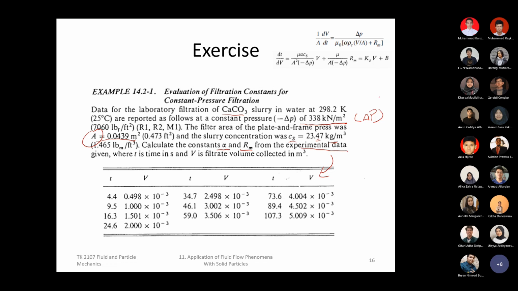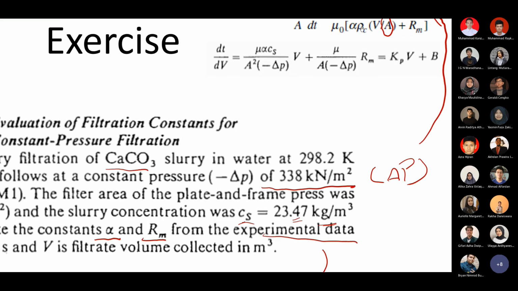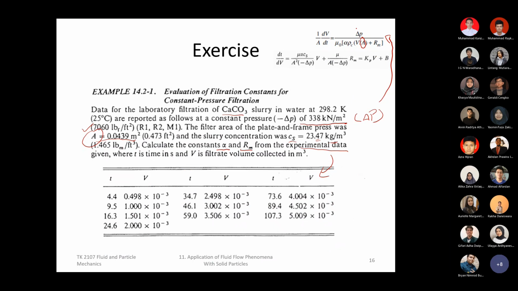If you look at this equation, you have a fixed pressure drop, let's say because of the limitation of the pump requirement. Then you have a function of this dV per dt. It may change, it may not change, but it's measured.